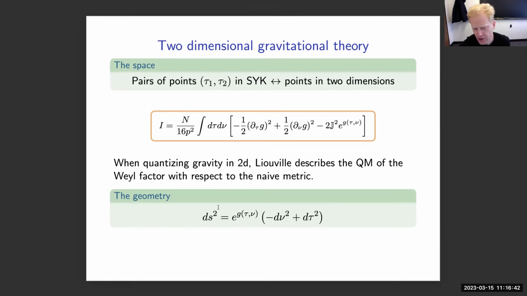This is the motivation to consider on this two-dimensional space also a metric, which is essentially the flat space metric times this Weyl factor, exponent of this small g. Just as a reminder, this small g is related to the bilinear in the fermion. So we introduced this two-dimensional metric on this 2D space, and this is the action that governs it.